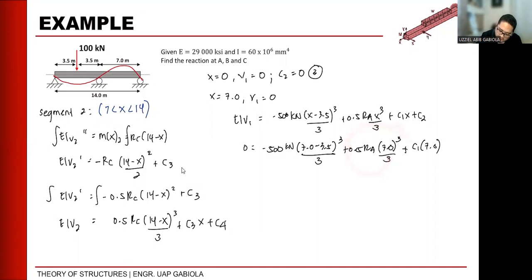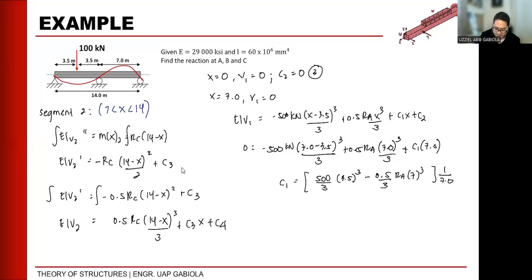So, yung C1 natin dito is equals to, transpose natin yung 500 over 3, 3.5 cube minus yung 0.5 over 3 RA, 7 cube. And then, i-divide natin both side by 7.0.